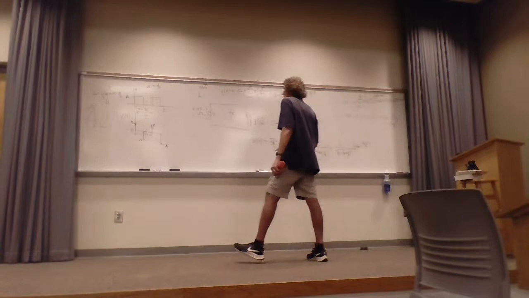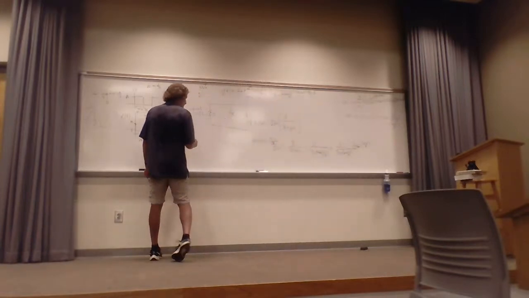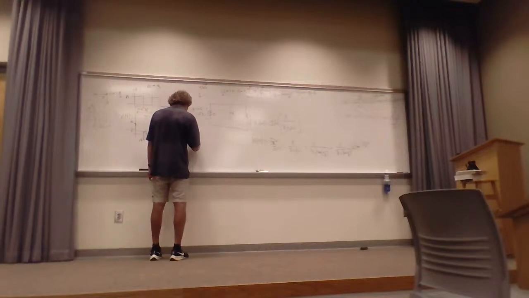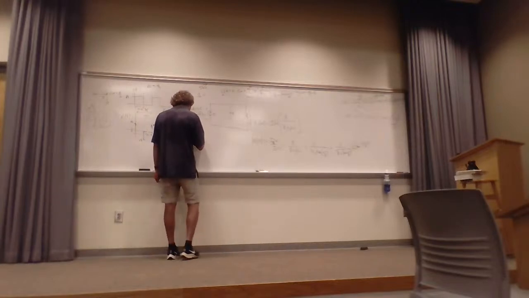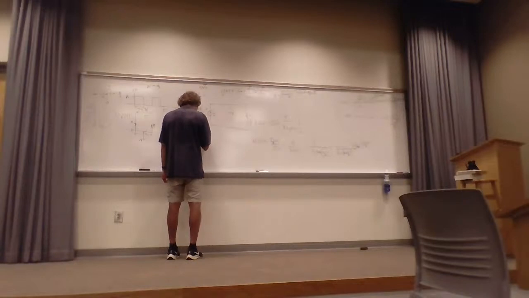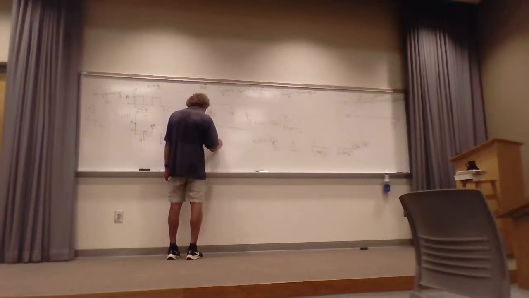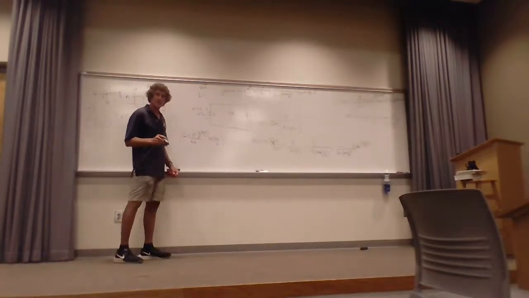And for C of n, help me out here, C of n was equal to 5 over n pi times e to the minus j n pi over 2, right? And then it's times the sine of n pi over 2, correct?